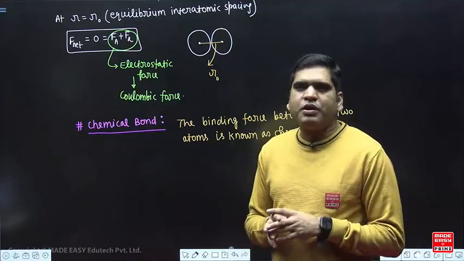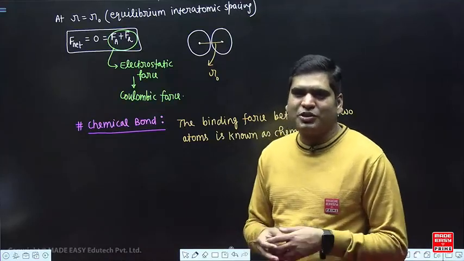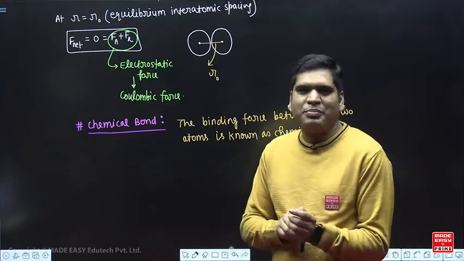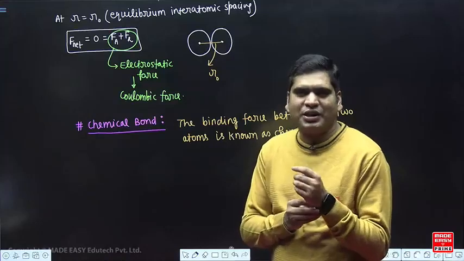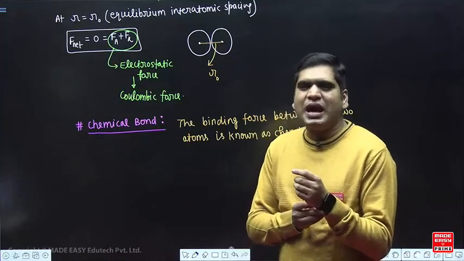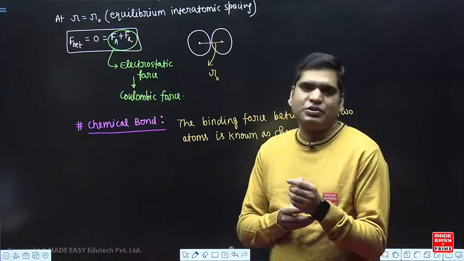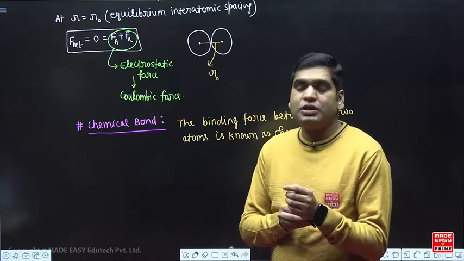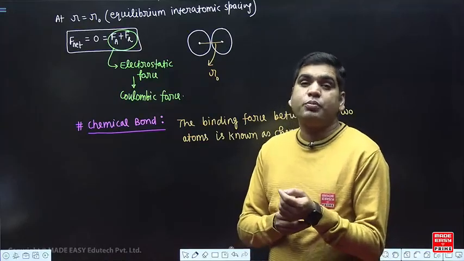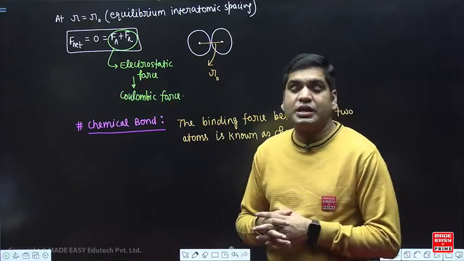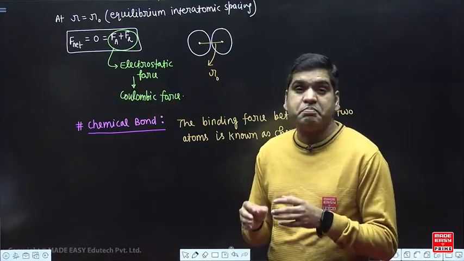As of now they will have only potential energy because they are not in motion. If they were in motion, they would have kinetic energy also. So the potential energy of this system is minimum.